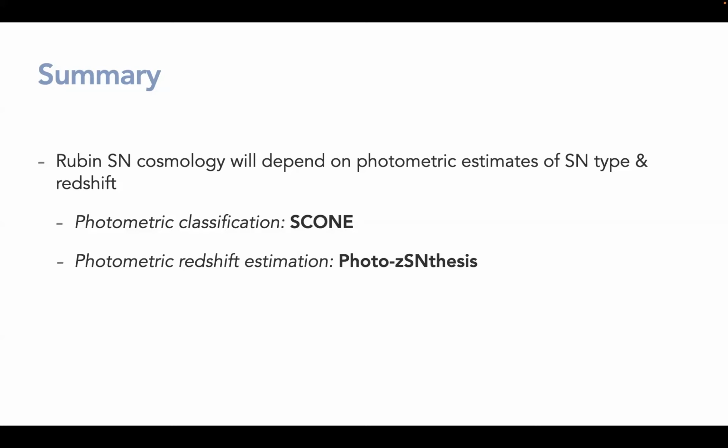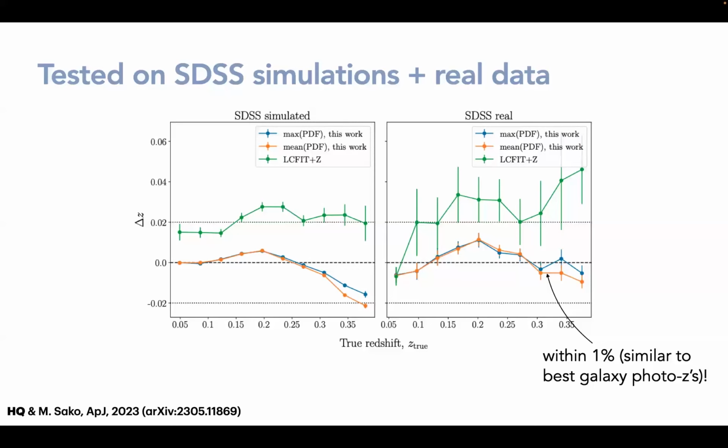Yeah, for sure. That's actually in the paper that I'm referencing. We combine them using a Bayesian approach. Usually with LC-FIP, this green line, LC-FIP plus Z, they would take the host galaxy photometric or spectroscopic redshift as a prior.